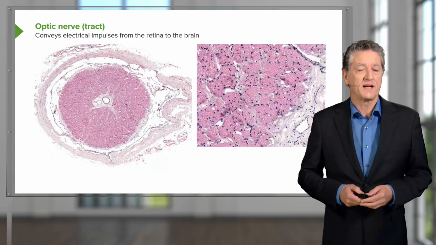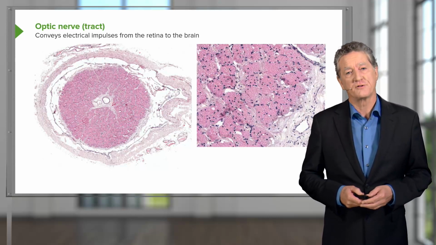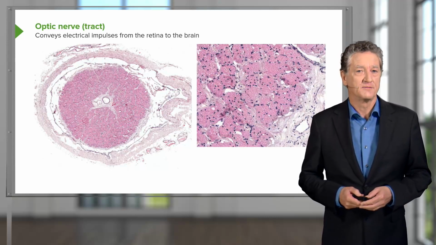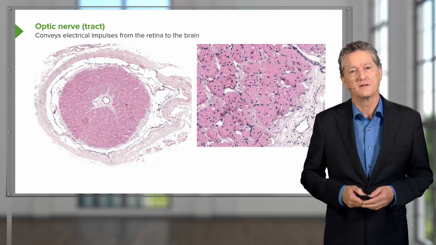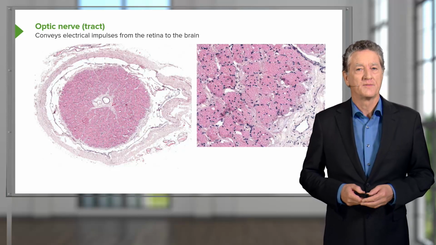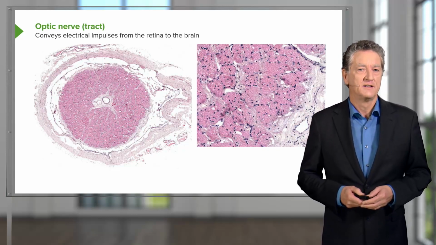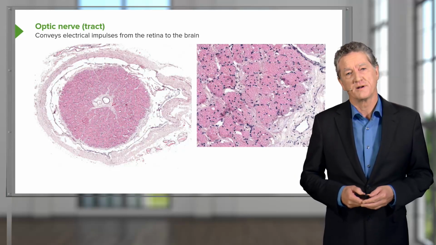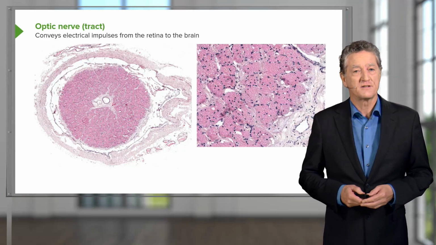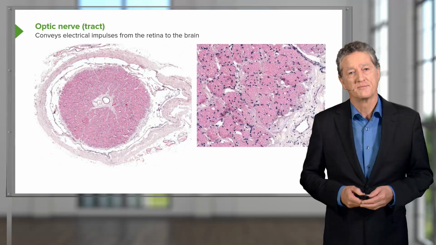On the outside of that section, you can see a dense connective tissue layer. That's the dura, one of the outer meninges of the brain, protecting the brain and spinal cord. Then you see an artificial space, a white space, and then a thin line. Normally that thin line is up against the dura, and you have a space. That thin line is the arachnoid layer.